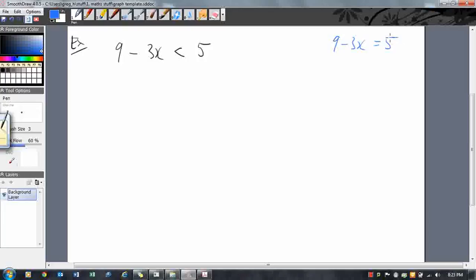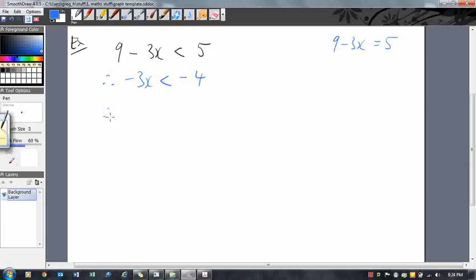If it was me, I would move this 9 to that side firstly. Are we dividing or multiplying by a negative number? No. So positive 9 moves to that side, becomes negative 9. So negative 3x, leave the sign as it is, do not change it. 5 minus 9 is negative 4.